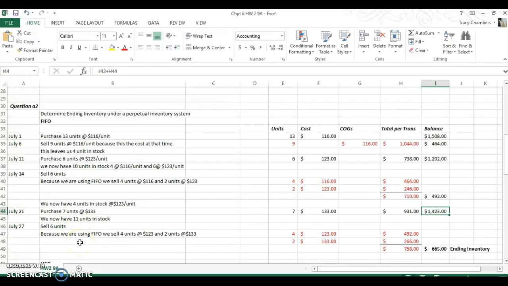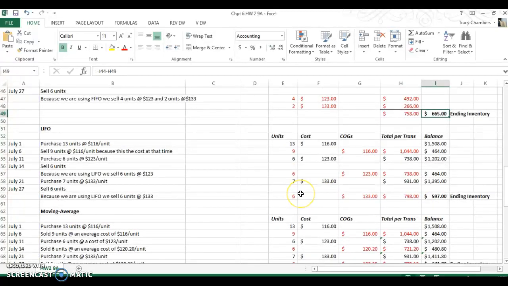Because we're using FIFO, we sell 4 units at $123 and 2 units at $133, because we're selling 6 units in total. So 4 at $123 is $492, and 2 units at $133 is $266. This gives us a total transaction of $758. Deduct this from our previous balance, and that gives us an ending inventory of $665.